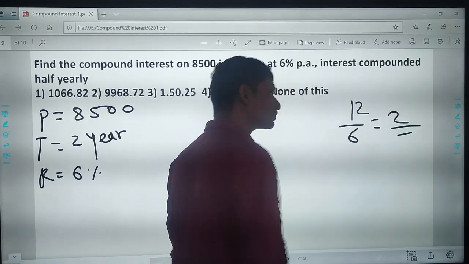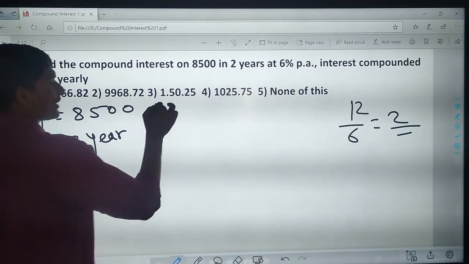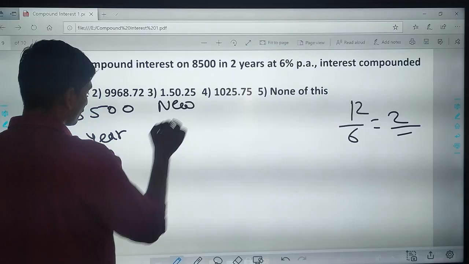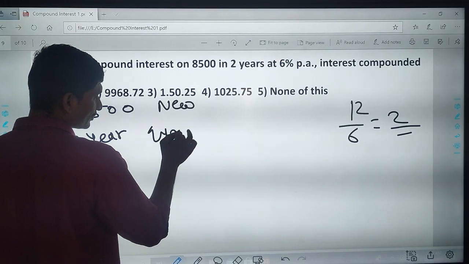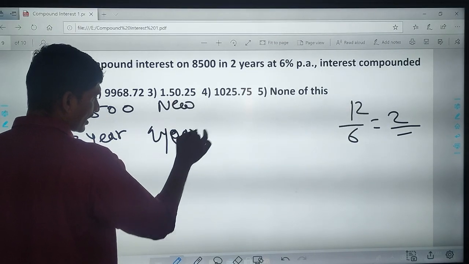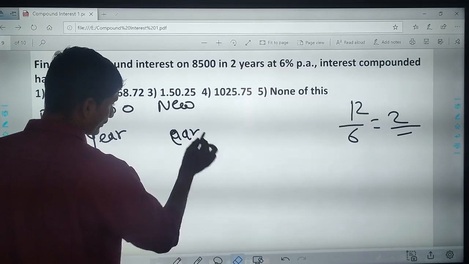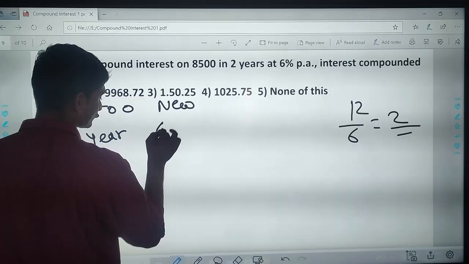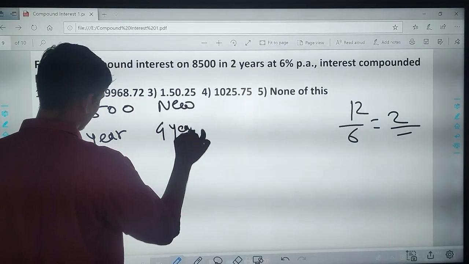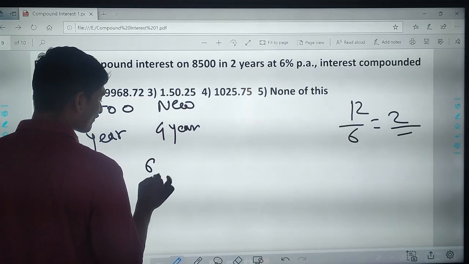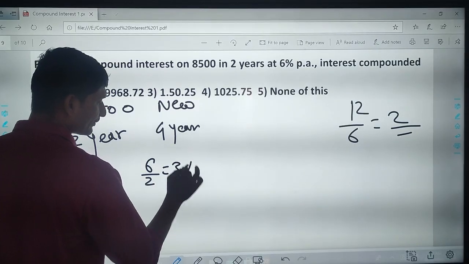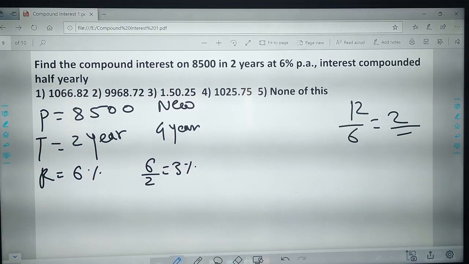Then your factor is 2. Now here new time is 4 years. Your new time is 4 years, and rate is 6 upon 2, that is 3%. Your interest rate is 3%.